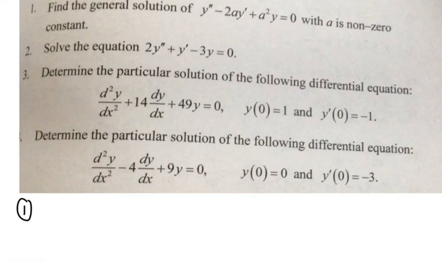Y double prime is d squared y over dx squared. So you may use y double prime or d squared y over dx squared. If we transform into characteristic equation, it will be m squared minus 2a m plus a squared equal to 0.